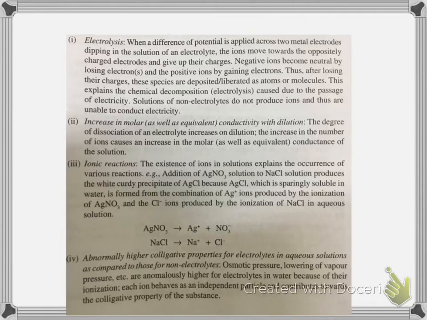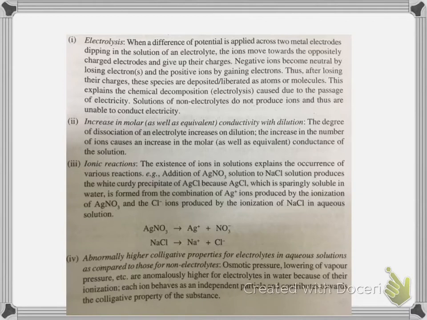The positively charged ions move towards the negatively charged electrode, accept electrons from there, undergo reduction and are deposited or liberated. In the same way, negatively charged ions move towards the positively charged electrode, that means the anode, where they liberate their electrons, get oxidized and are deposited or liberated.